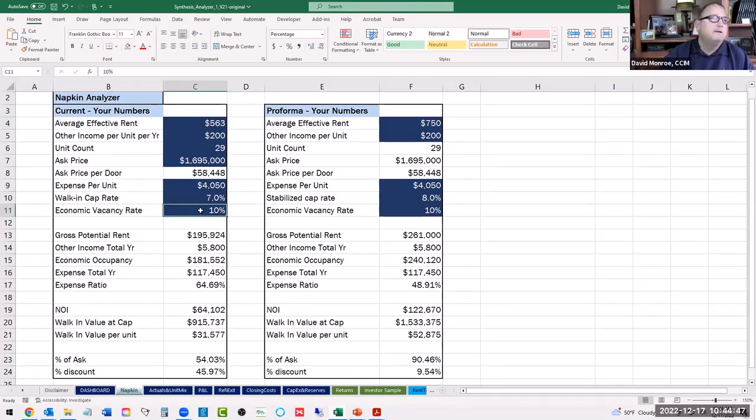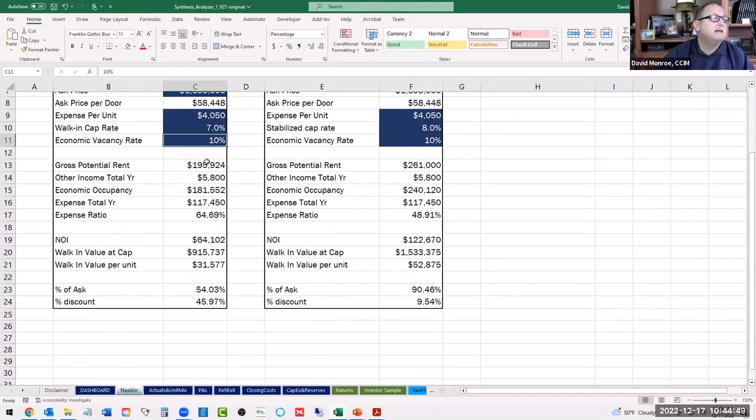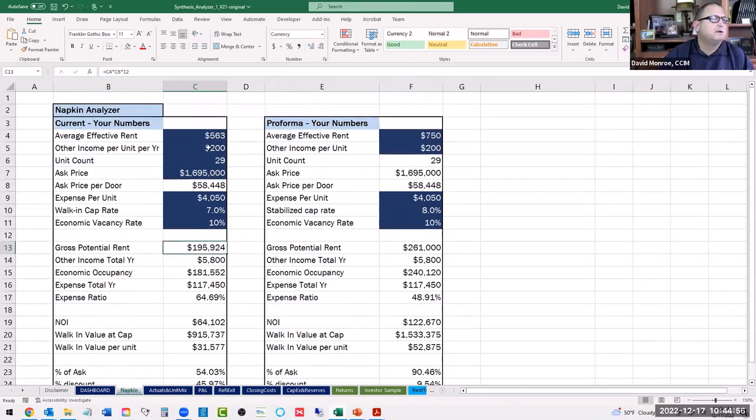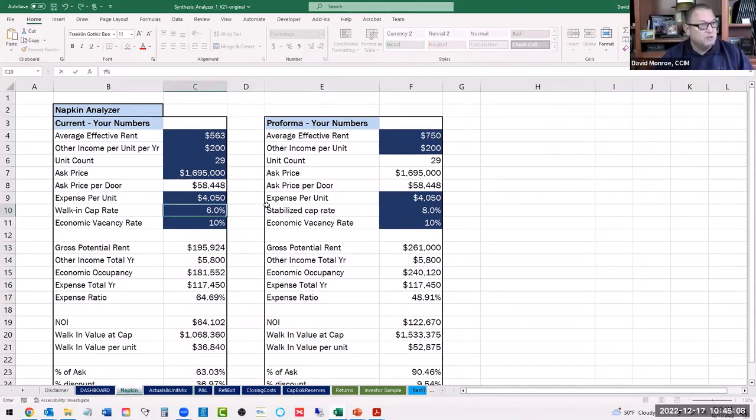Okay. So here's my data and it's pretty close to the other information. Actually, that's a little low. I'm not sure why that's there. Could it be because of the cap rate? Shouldn't be. What did I change?